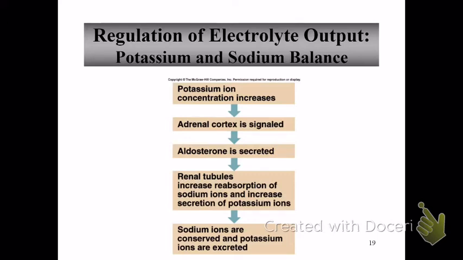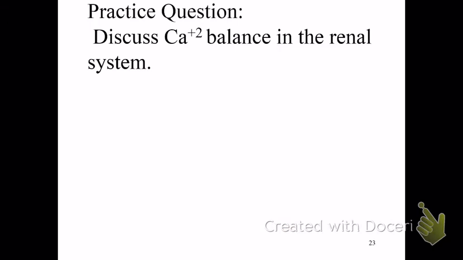Okay, go with me to slide 23. Very similar, except instead of sodium and potassium, we're working with calcium and phosphate. All you have to write, because I know you know, I already drew it out for you, is that the renal tubules are going to conserve the calcium. Hey, calcium is good for your bones, right?